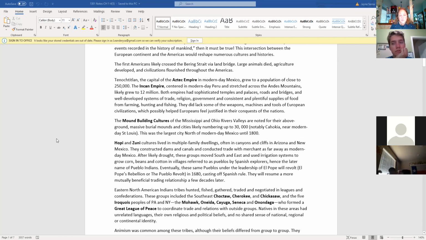But the mound building culture is kind of big in the middle of the country. In the Southwest, Hopi and Zuni cultures, or Sunni, however you want to say it. And those are the folks who we would think of as Pueblo Indians. I'm looking, where does it say? Animism, yeah, we'll talk about that later. Mound builders.